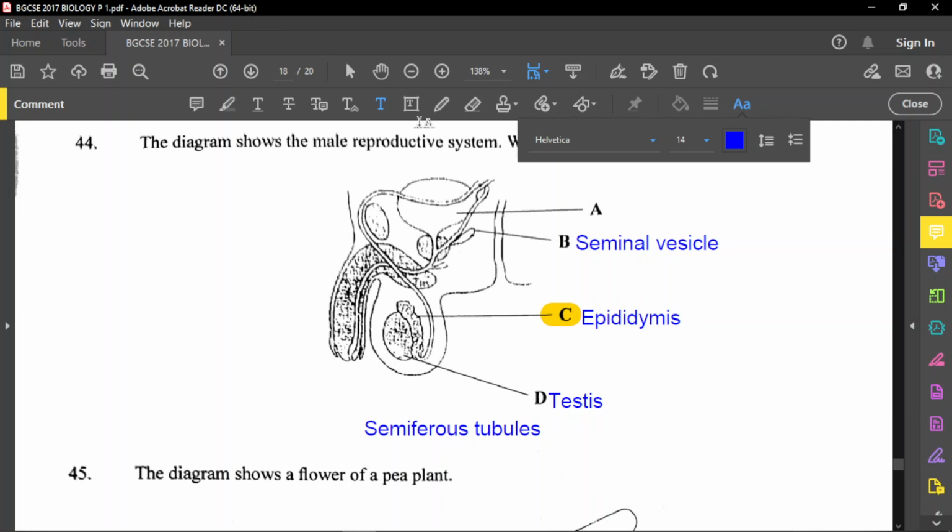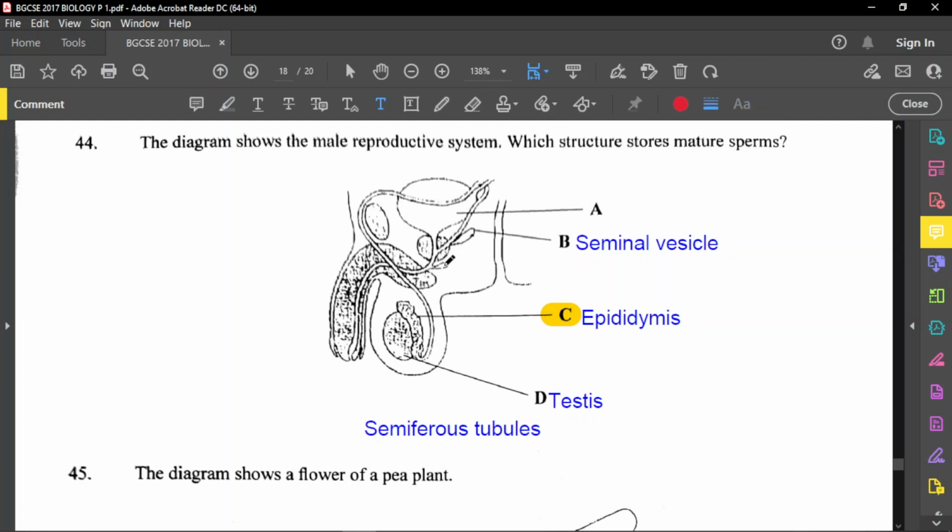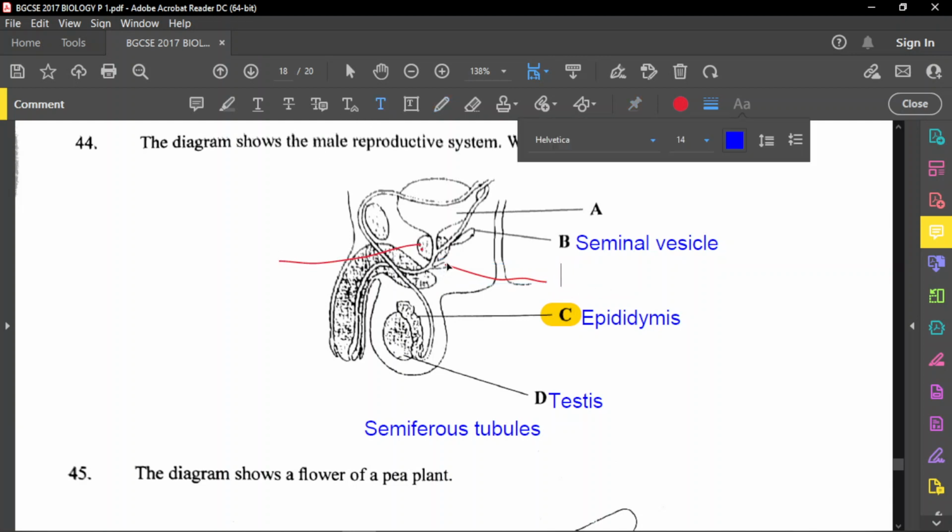Let me show you next. Let me highlight two other structures right here. I'm going to label these two structures. This smaller one down here is not showing so clearly, but we just call it Cowper's gland. So this is called a Cowper's gland. The Cowper's gland is also called the bulbourethral gland.